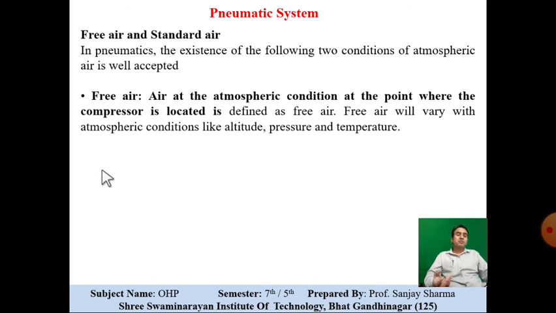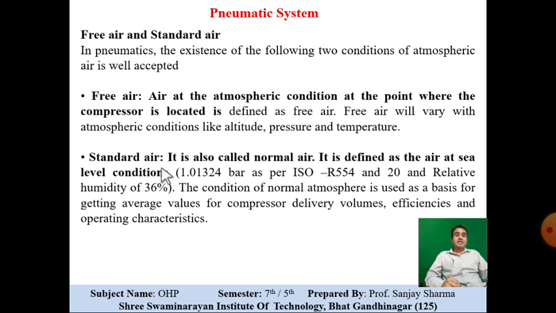For example, in winter we get dry air, in summer we get somewhat hot air, and in the rainy season we get moisturized air. So depending on the altitude and weather conditions, the free air varies as the atmospheric condition changes. Standard air is also called normal air.